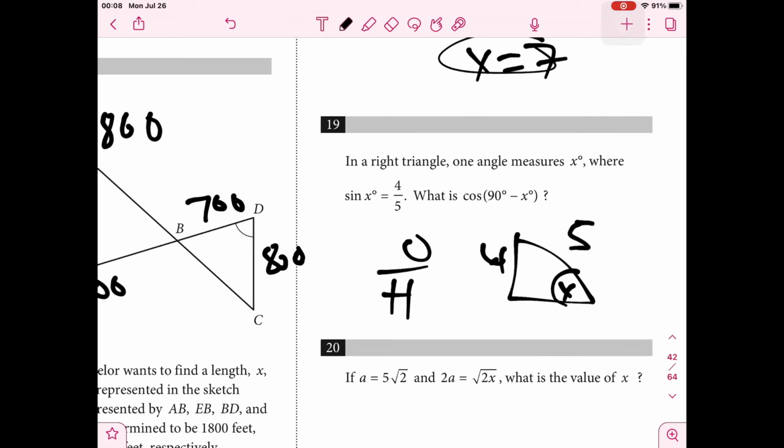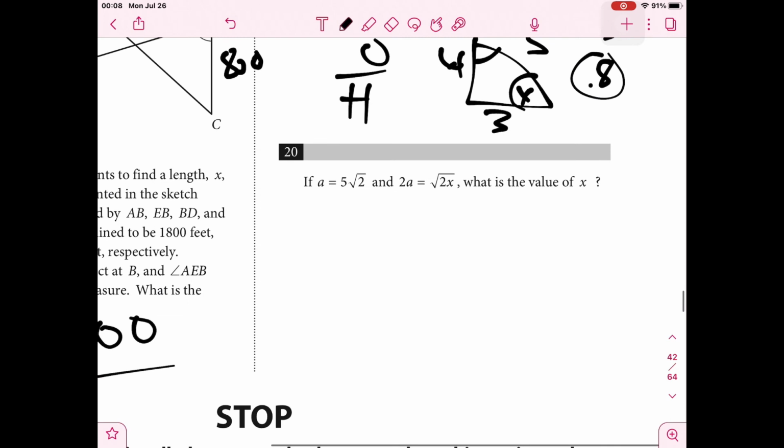So that's 4 over hypotenuse, so that makes this 3. So cosine of 90 minus this angle means that it's the cosine of this angle. So that's adjacent over hypotenuse, which is also 4/5 or 0.8.